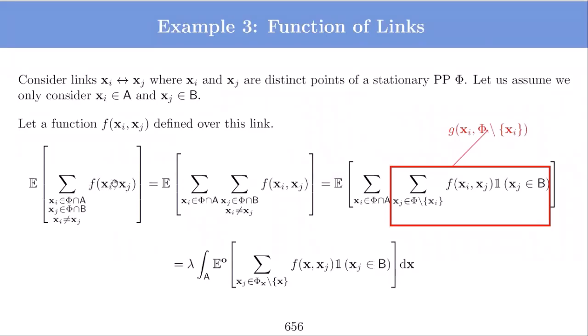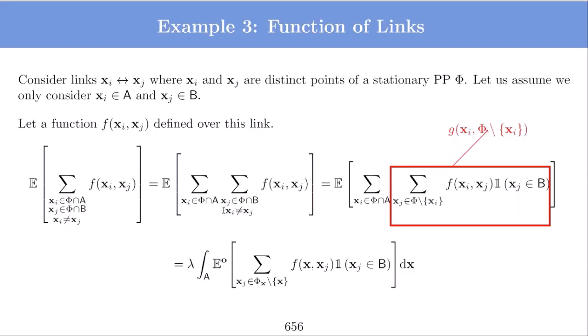Okay, so how do we compute this? To compute this, I need to break this into two different summations. One will be the summation with respect to xi, and second, the inside summation would be over all xj's such that xj is not equal to xi. And these two are equivalent because this is a summation over all possible pairs. Here I've written it just in a different way.